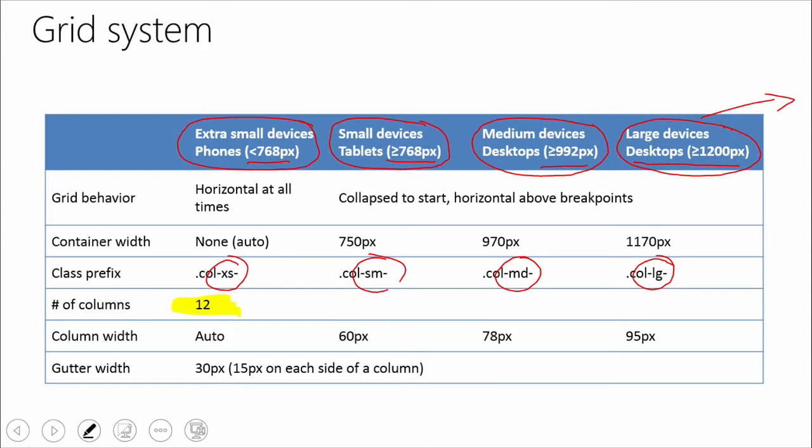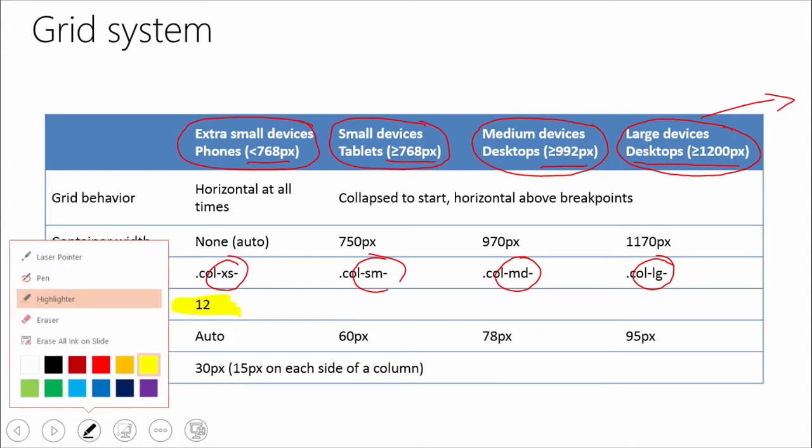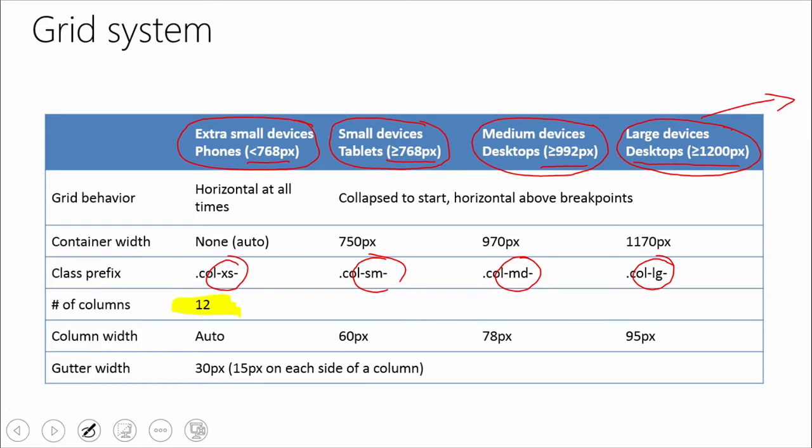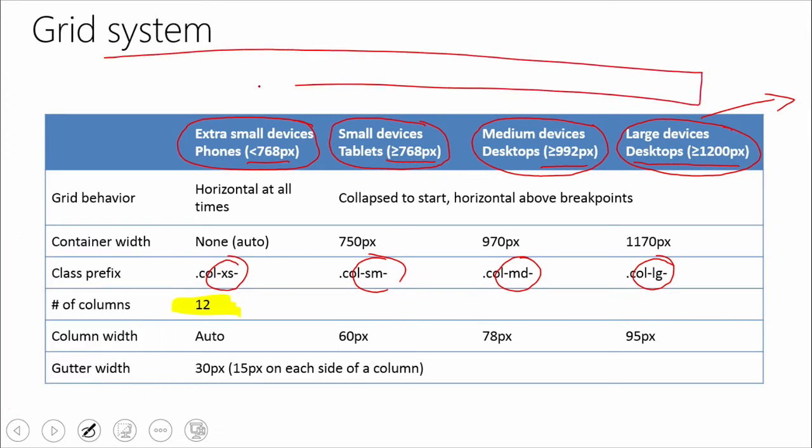Now, the next big thing that I want you to notice is the number of columns. The number of columns is always going to be 12. So in that little grid that you're going to get, you always have 1, 2, 3, 4, 5, 6, 7, 8, 9, 10, 11, my little fence post issue. So there is our 12 columns.